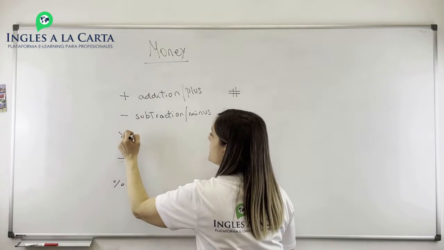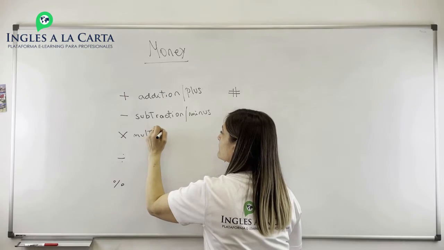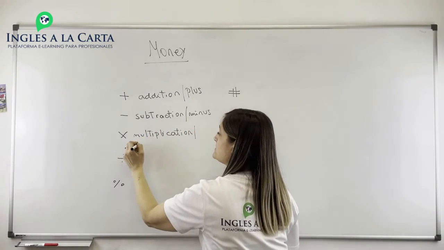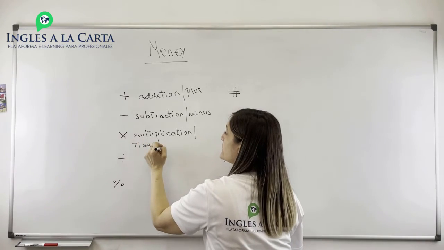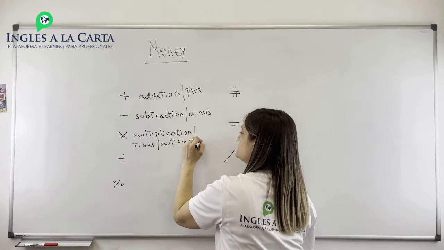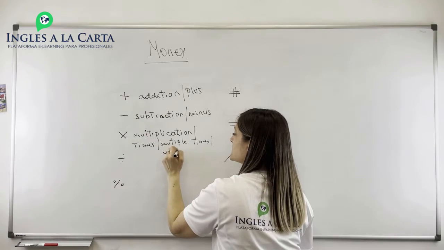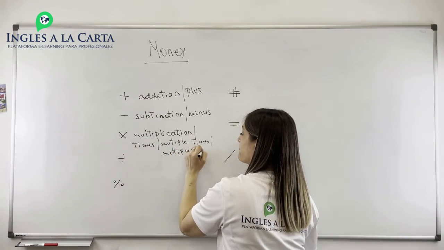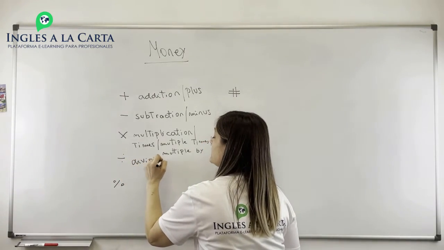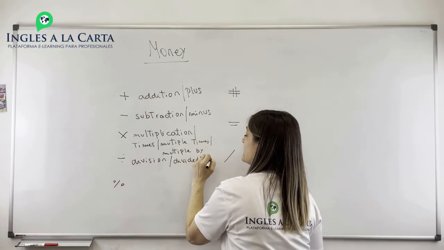Here we have a multiplication, and we can say times, we can say multiple times, or we can say multiplied by. This is a division, and we're going to say divided by.